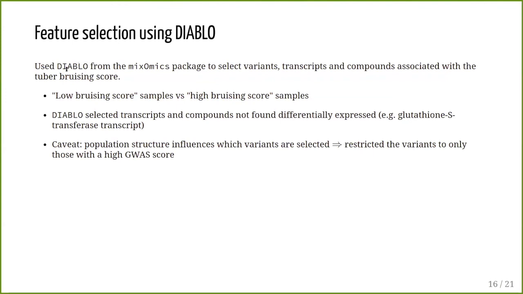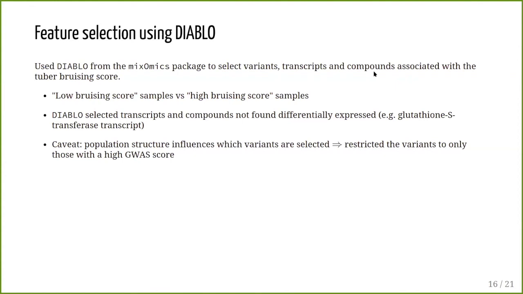Specifically the DIABLO algorithm, given different phenotypic groups, so we have samples with low bruising and samples with high bruising, will select features from the different data sets that are associated with these groups, so that best discriminate the different phenotypic groups. So we selected markers of variants, transcripts, and metabolomic compounds that were associated with these different bruising score groups.